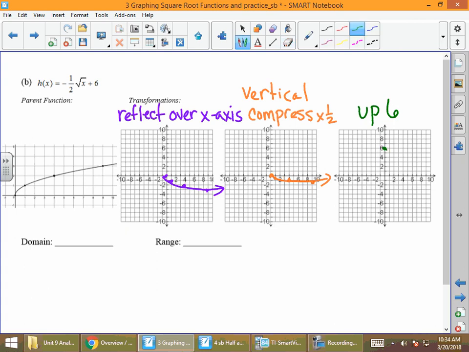And the 1, negative 1/2 is going to move up 6, so it's going to be at 1, 5.5. 4, negative 1 is going to move up 6, so it's going to be at 4, 5. And 9, negative 1.5 is going to move up 6, and we're going to end up at 9, 4.5.